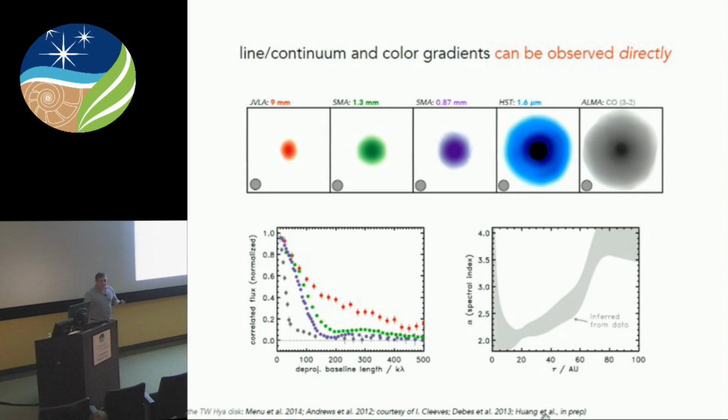If you remember your Fourier analysis class, when you have something really compact in the sky, like a tiny point source, you would have the same power at all baseline lengths; it would be flat. So wide things are skinny in the Fourier plane and vice versa. Just by taking the data, you can see the different spatial distributions in the visibilities directly as a function of wavelength. Longer wavelengths tracing larger particles are more compact, as you can see in these images.